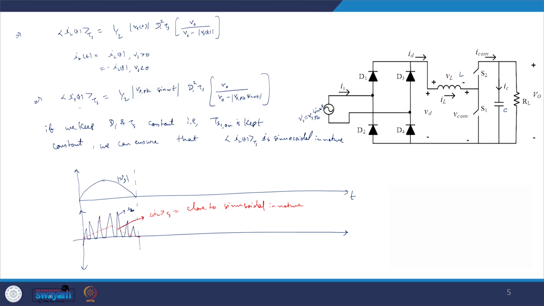So the switching cycle average variation is closer to sinusoidal and not exactly sinusoidal. However, the peak current is varying sinusoidally in nature, and we are not requiring any multiplier block or any sensing or generation of a unit sin omega t block.